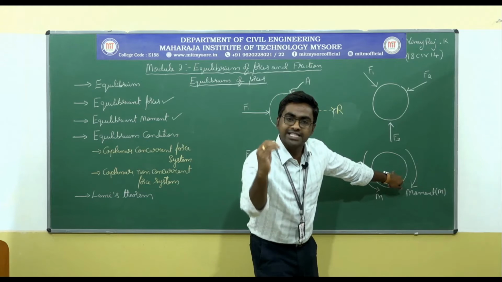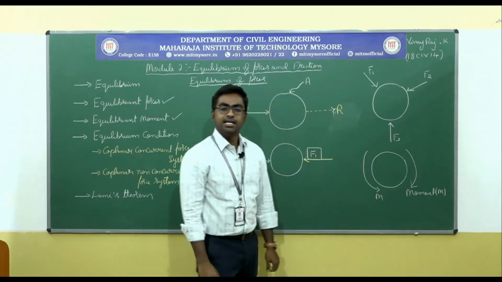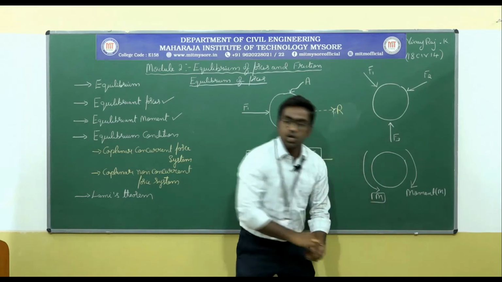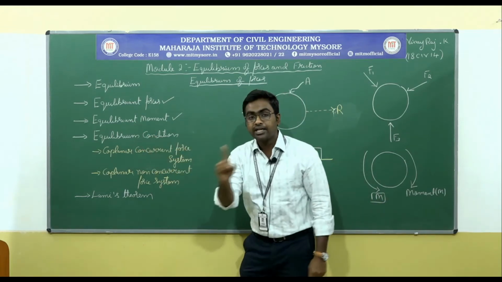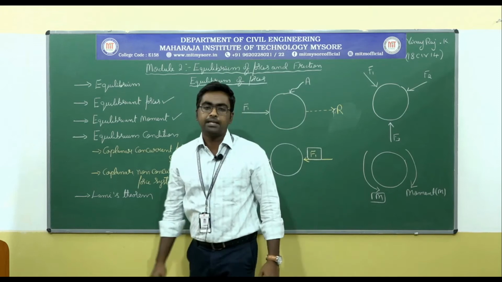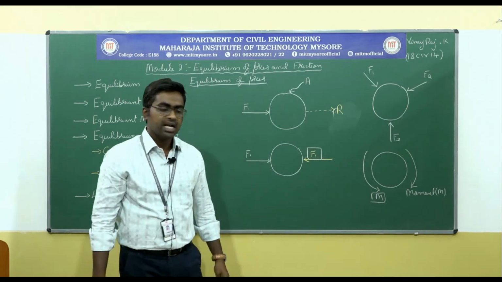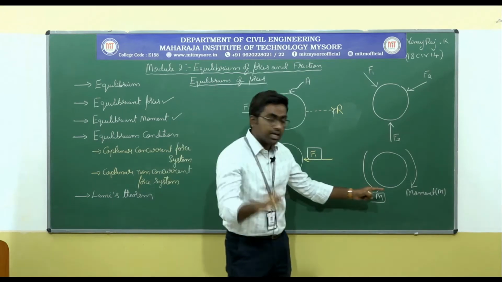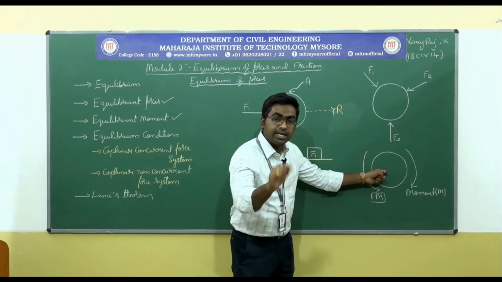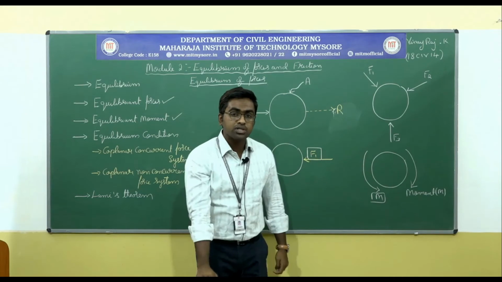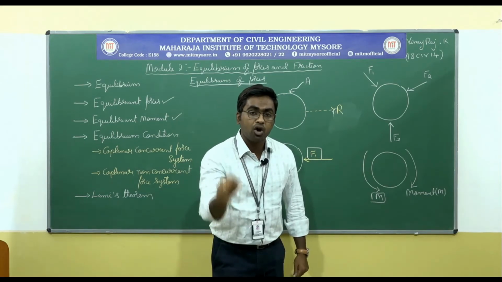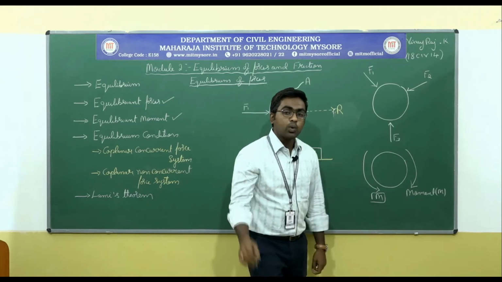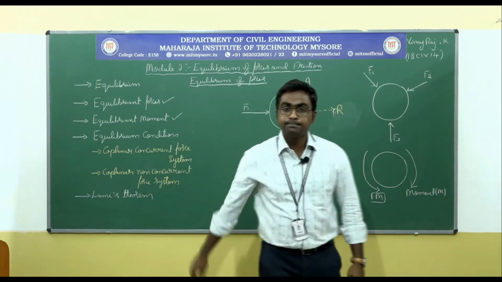The body will stop rotating. That is the reason why this M is called equilibriant moment. Very, very simple. Understood? M, that moment, is responsible to bring this body to equilibrium. This M is responsible to stop the rotation of the object. That is the reason why it is called equilibriant moment.